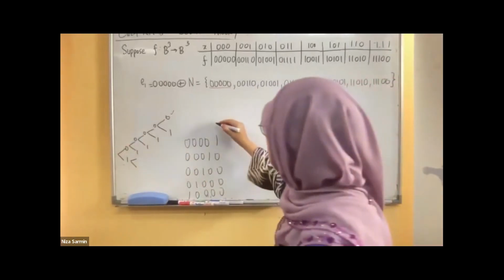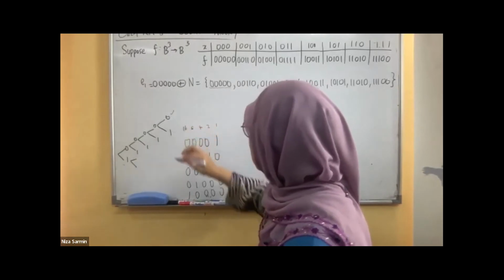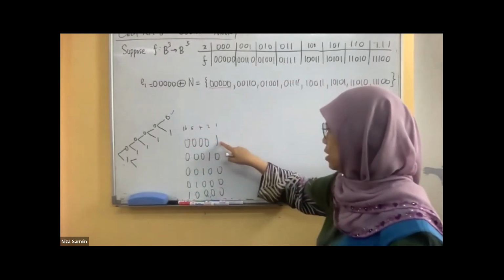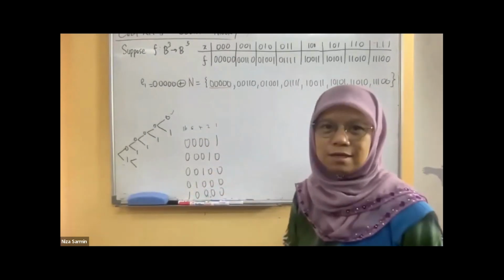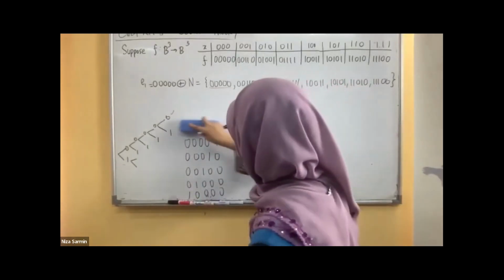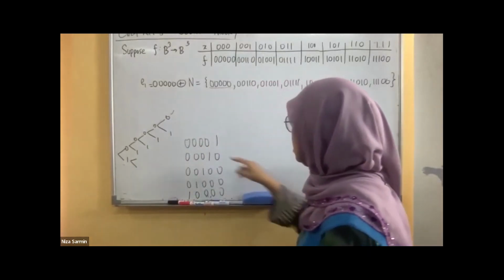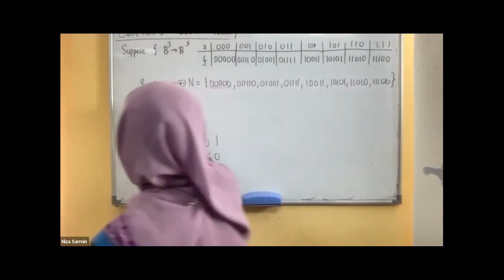Remember we learned this long time ago. The value here is actually 1. The value here is 2, 4, 8, 16, if we look at the binary value. So I will start with the lowest value. So I will take this one, with the least weight, and that becomes my E2.